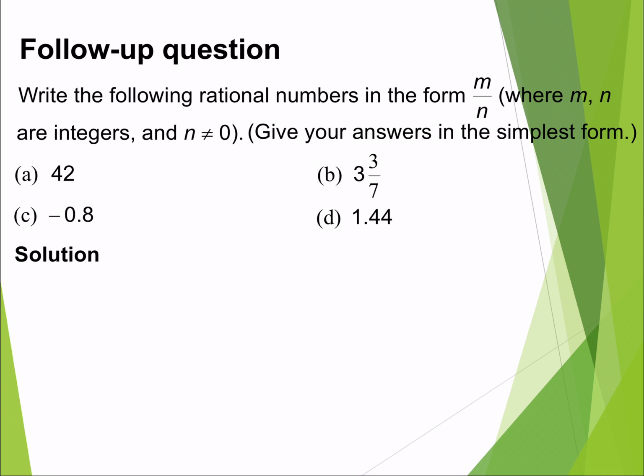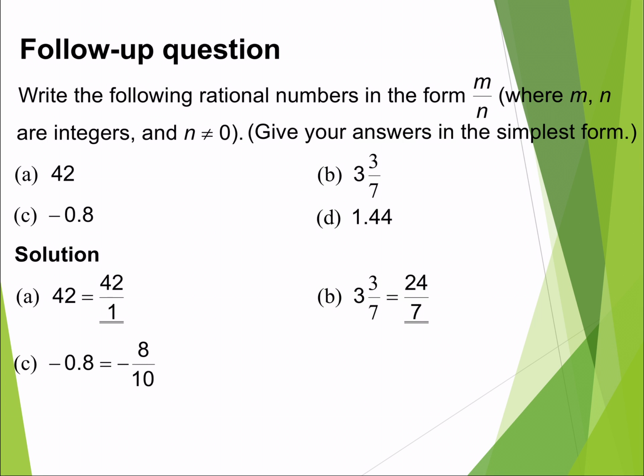Part B is an improper fraction, 3 and 3 over 7. So it becomes 21 plus 3 is 24 over 7. So it is also a rational number. For part C, negative 0.8 equals negative 8 over 10. And don't forget to simplify.